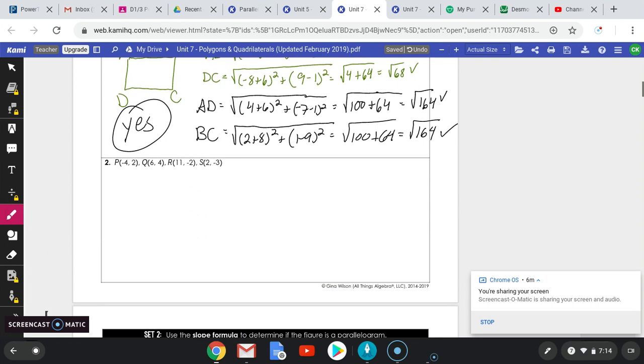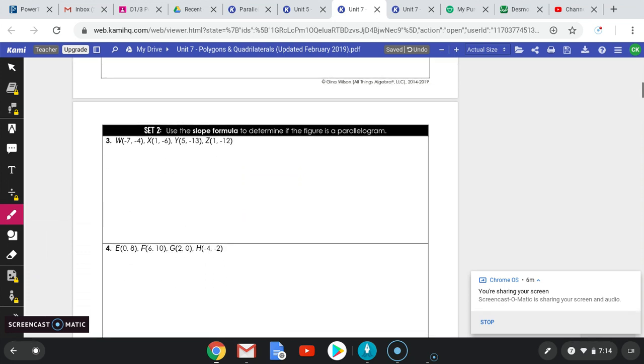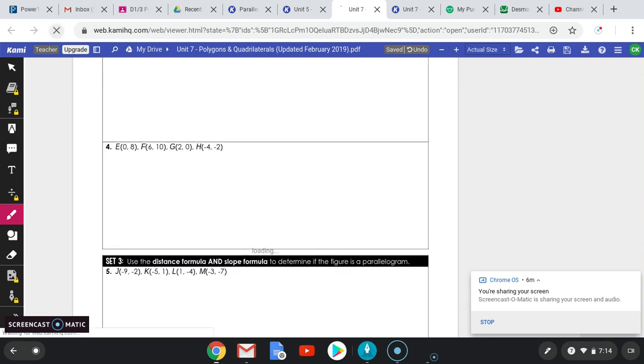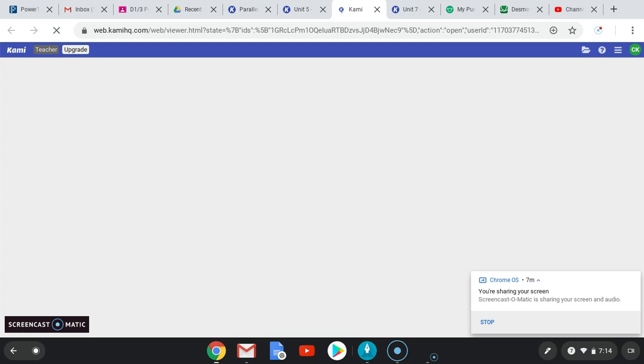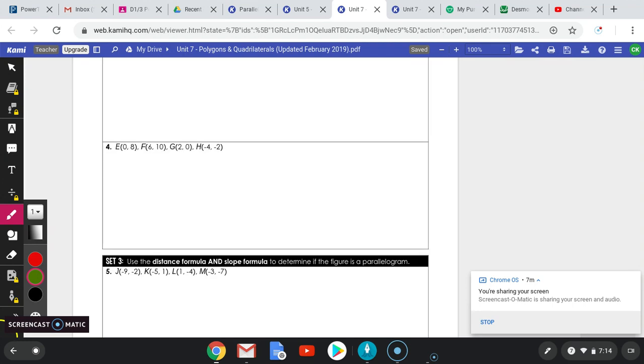That's method 1. Let's look at method 2, which is using the slope formula. Again, you want to reload the page. All right, so here, whoops, sorry.